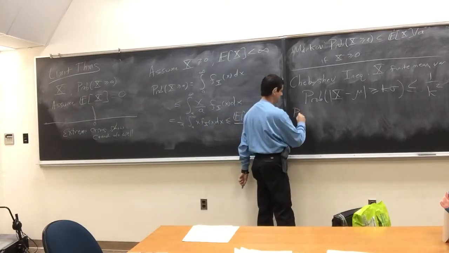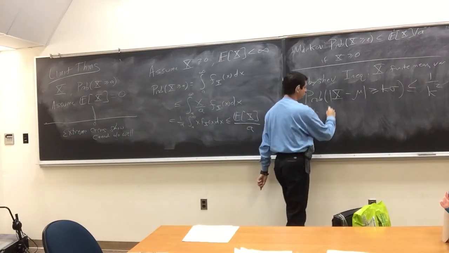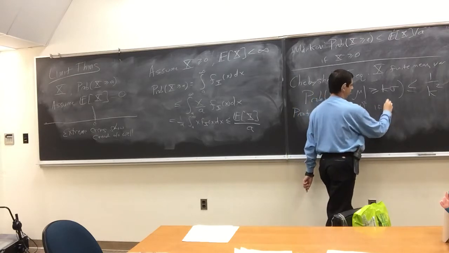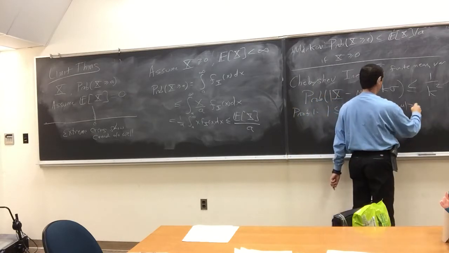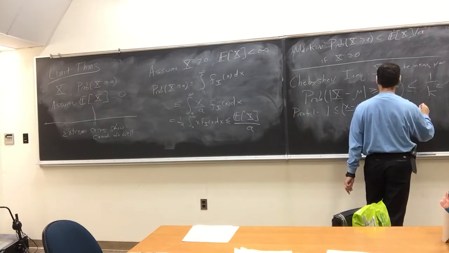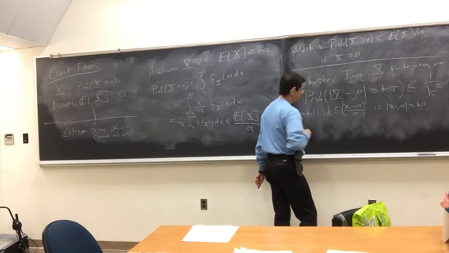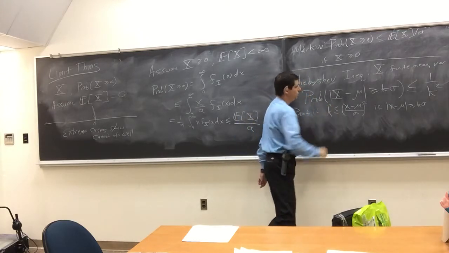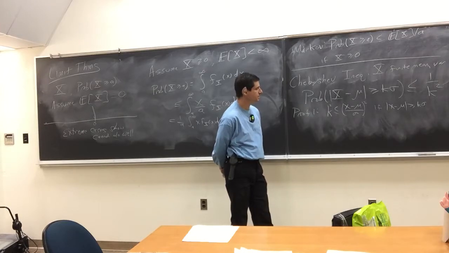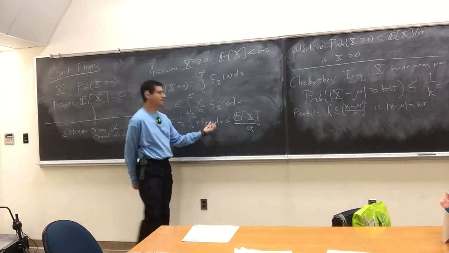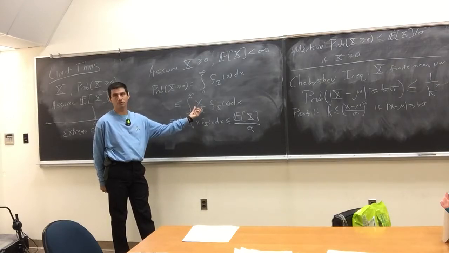Proof 1: if x minus mu is greater than or equal to k sigma, then k squared is less than or equal to (x minus mu) squared over sigma squared. And then we do the exact same argument as before, and we'll have a variance coming out.